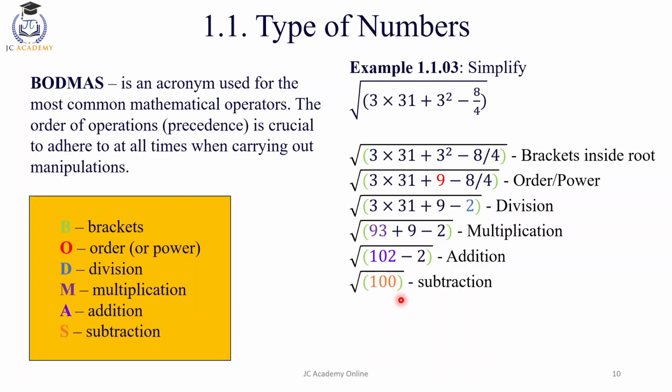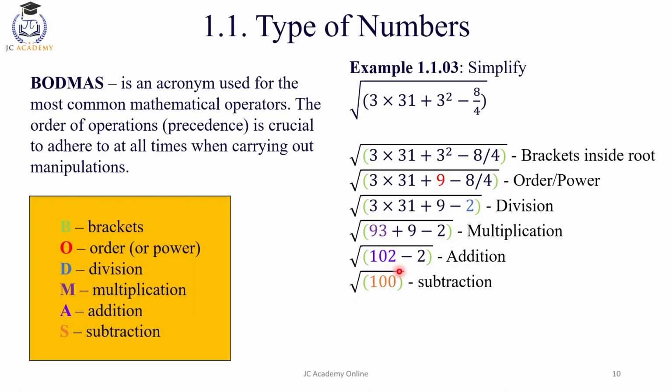Now notice that the 100 at this stage, we are still within the bracket. So the next step is, okay, we have a bracket and then we have an order. So the square root can also be written as the power of a half.